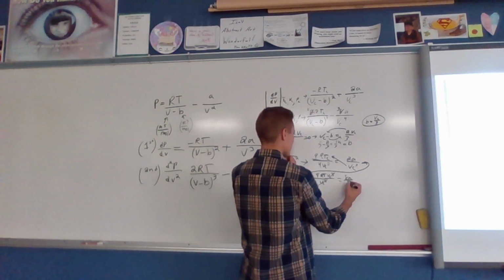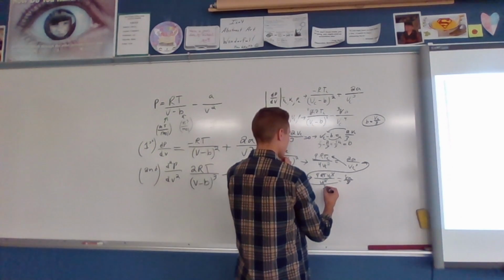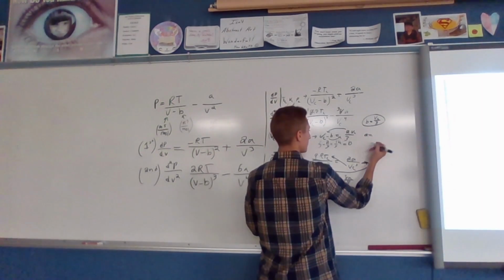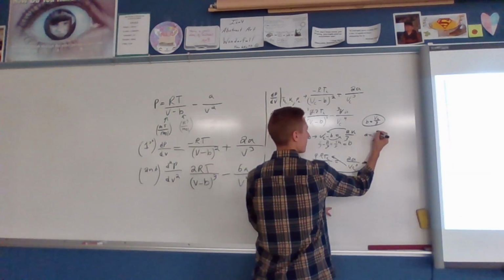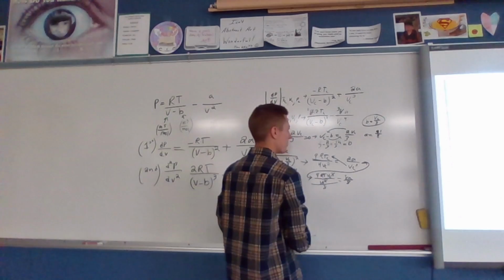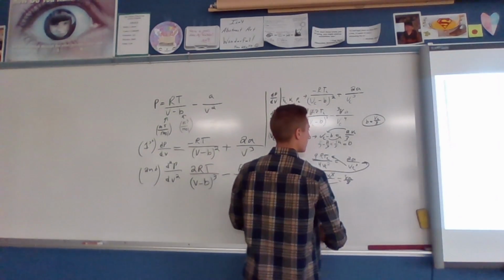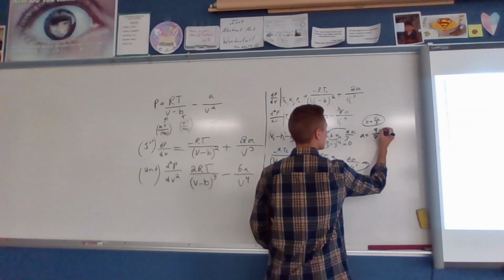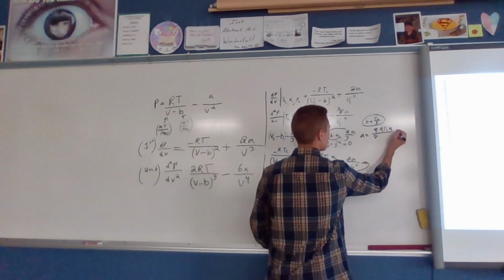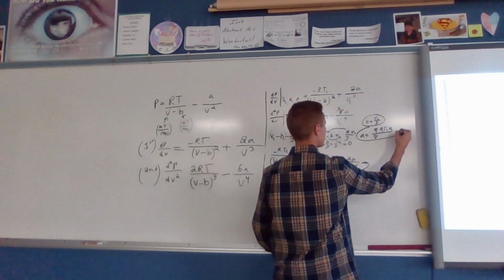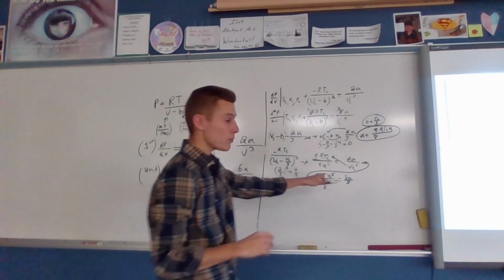If we divide this by 8, we have our A value equaling 9 over 8 times R times our critical temperature times our critical volume. Yeah, that's A. So now we have our A and B. We solved for A and B here.